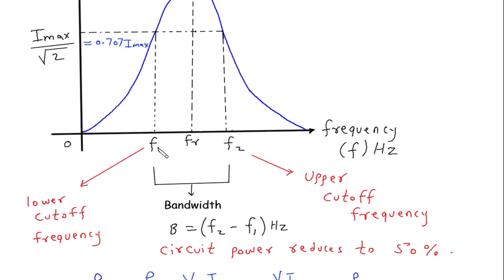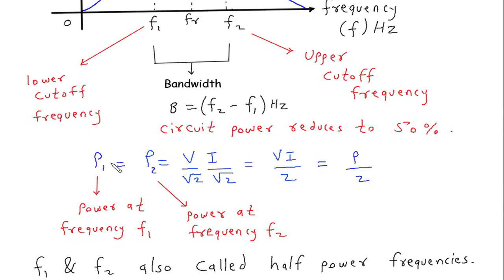Now at F1 and at F2 the circuit power reduces to 50%. Let P1 be the power at frequency F1 and P2 the power at frequency F2. Power is equal to voltage into current. So here voltage will be V divided by root 2 and current will be I divided by root 2. Root 2 into root 2 is 2, so VI divided by 2. VI is power, so power divided by 2.